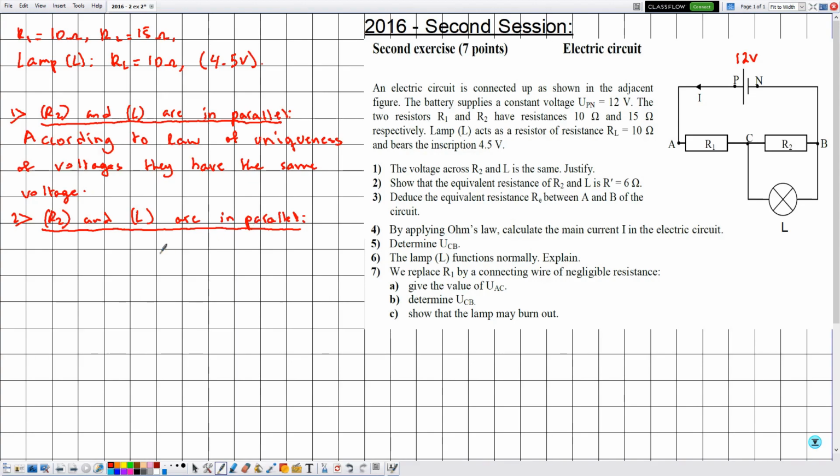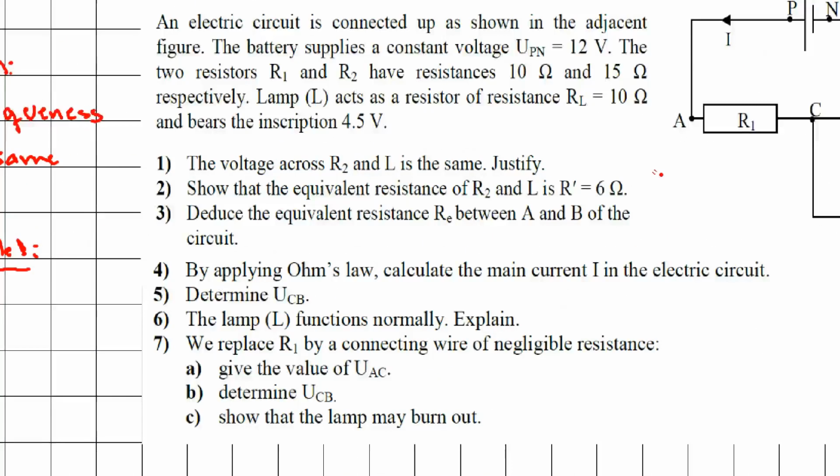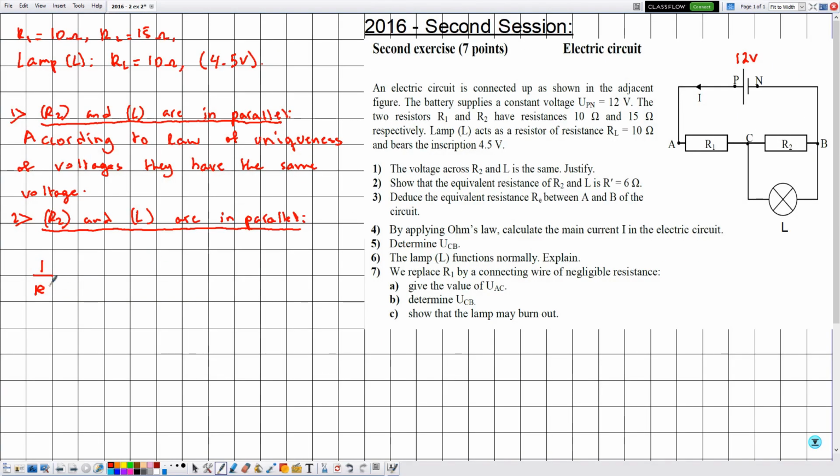Then the equivalent resistance is given by 1 over R. The resistance is denoted by R prime, which is equal to 1 over R2 plus 1 over the resistance of the lamp, which is given by RL. Now the value of R2 is given by 15 and the value of RL is given by 10. Now okay, so let's do the common denominator of the following two fractions.